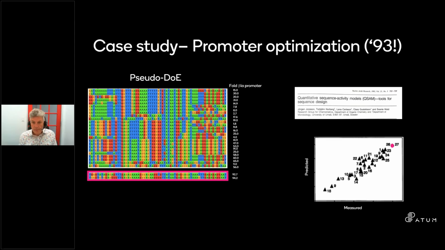As far as I know, this is the first example of someone using, well, I'm sure Markus will call me a heretic for calling it DOE, and offer my soul to the gods of DOE, but at least it was an attempt to go down that path. And this being in '93, a lot of the tools that we have today were not that easily available. This started with a friend of mine, Jörgen Jonsson, still back in Sweden. He was a grad student, and I was a grad student in molecular biology.